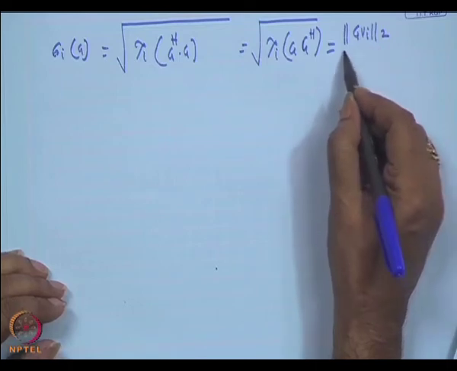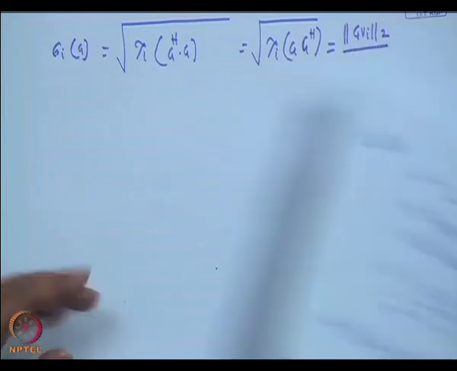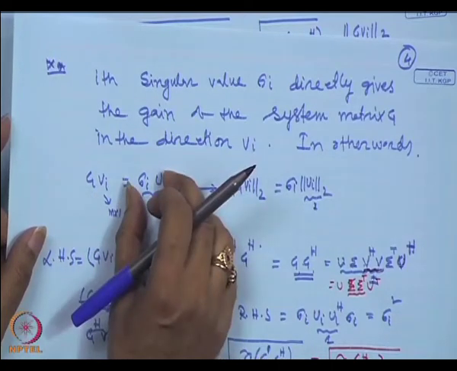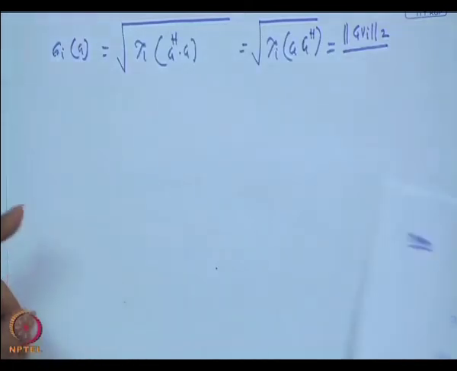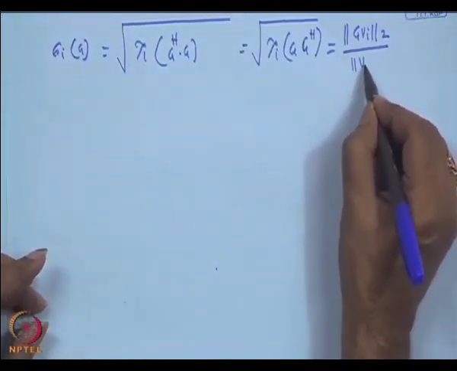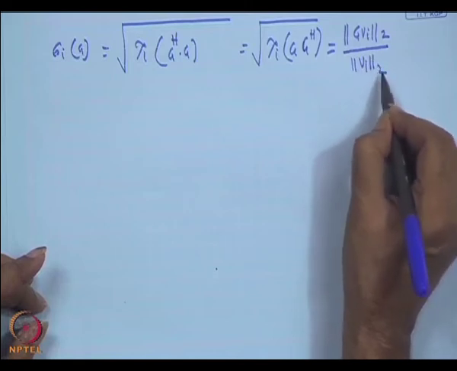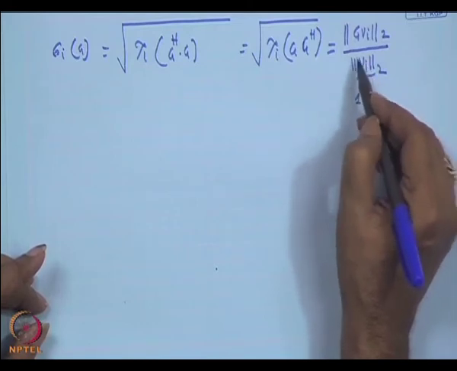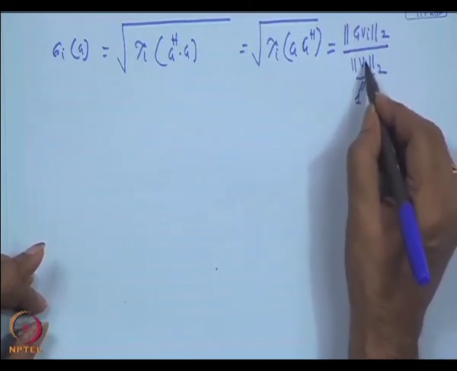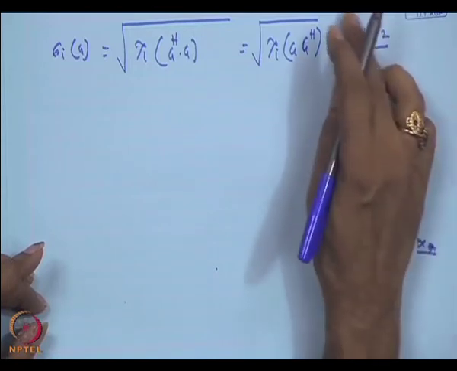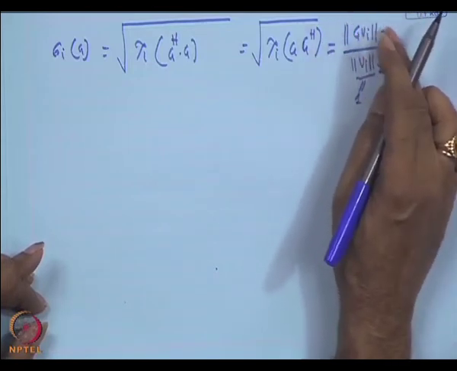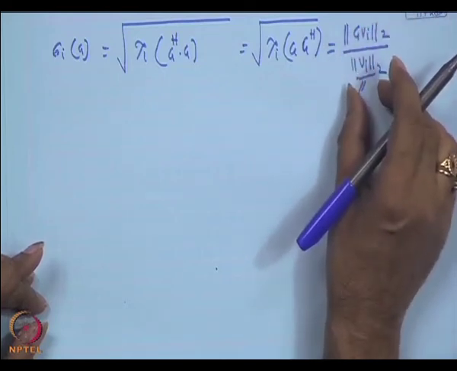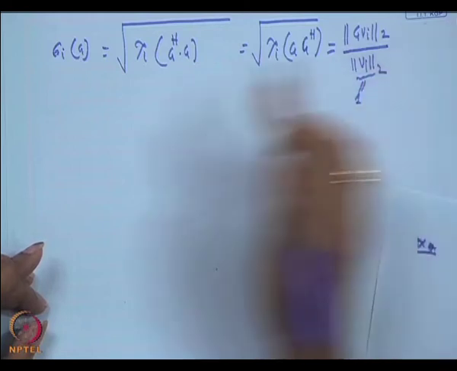So sigma_i times U_i is the output, G times V_i. Divided by the input norm, V_i being the input, and that norm is equal to 1, so dividing by 1 does not matter. So the norm 2 of the output vector over the norm 2 of the input vector is nothing but the gain. So what is gain?